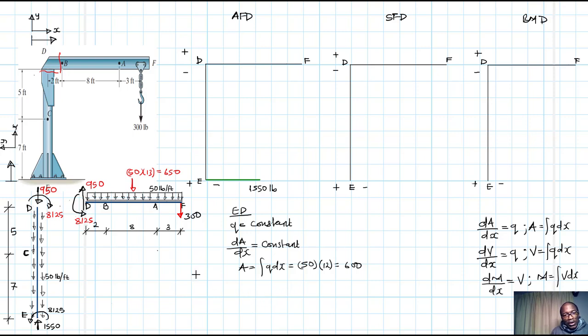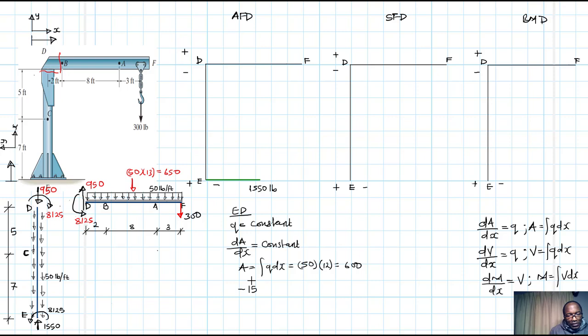So when you look at the sign, 1550 is going up, and that's the sign we've chosen as our negative. Anything going in the opposite direction, we need to subtract. From E to D, our initial value is 1550, and the value we just found between E and D is 600, so we subtract it to see the final value at our destination.